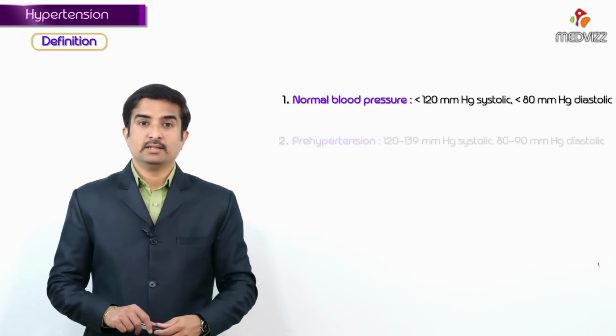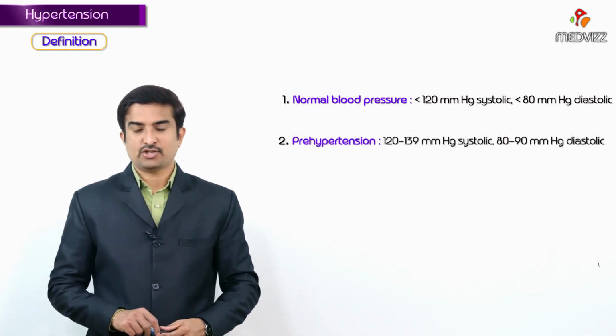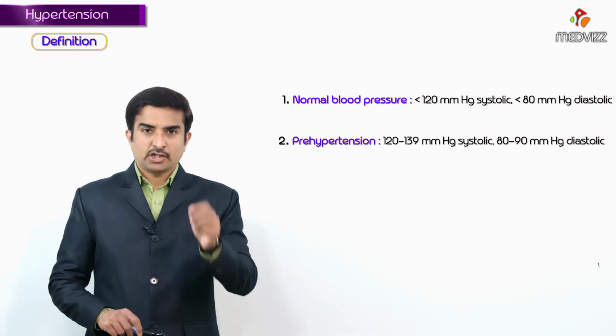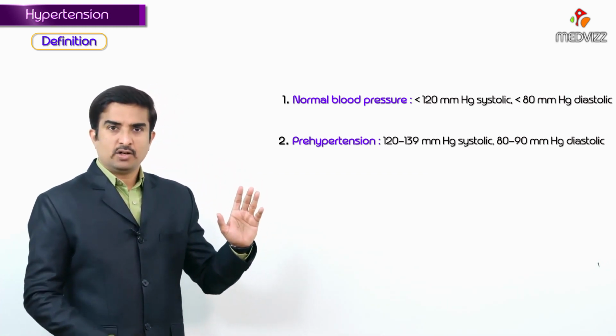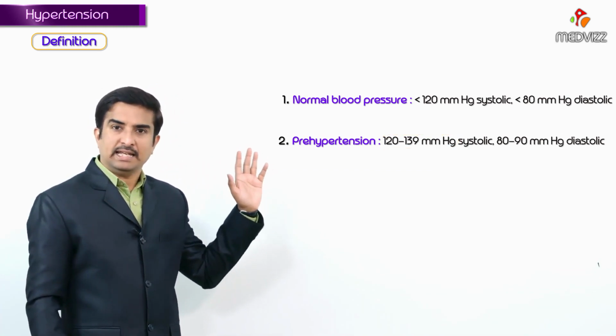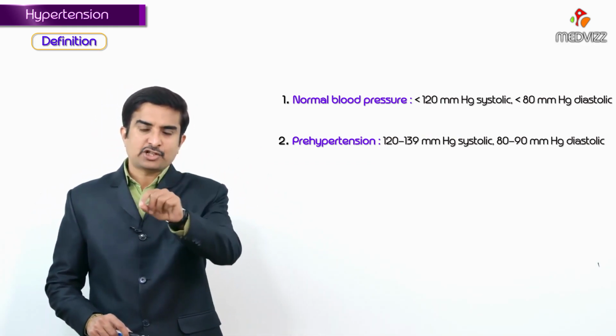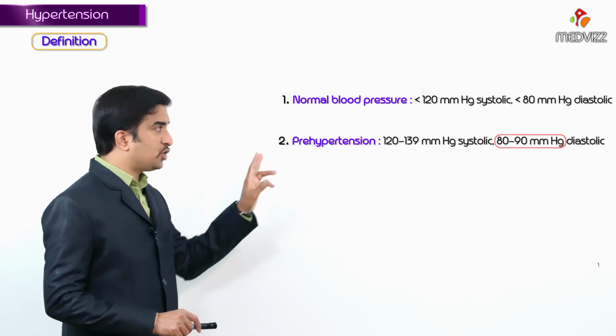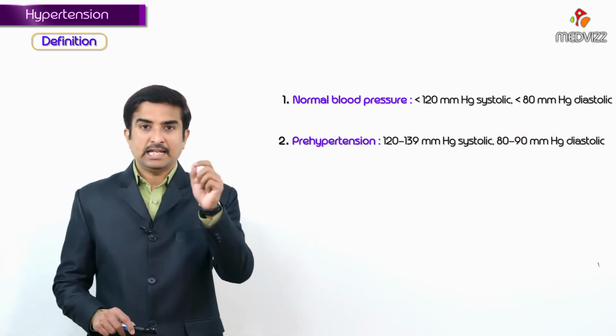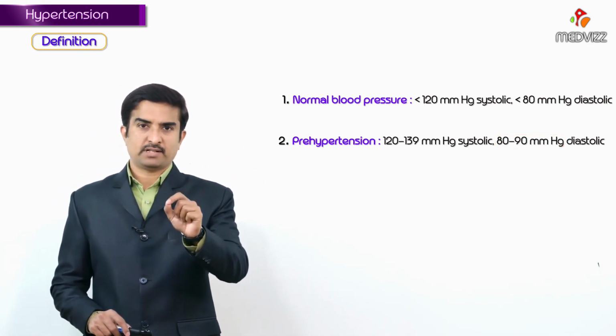But what is the pre-hypertension stage? If the systolic pressure is between 120 to 139 millimeters of mercury, and the diastolic pressure is between 80 to 90 millimeters of mercury, it is called the pre-hypertensive stage.